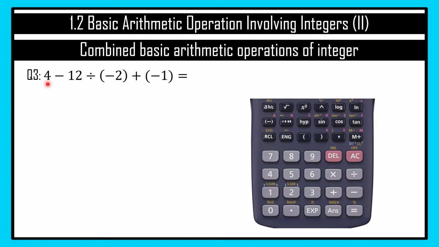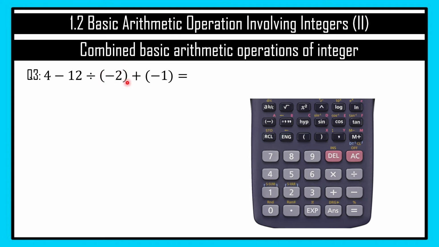This question is 4 minus 12 divide with bracket negative 2 plus bracket negative 1. For any integer or any numbers that are negative, it is advisable to put a bracket in front of it.